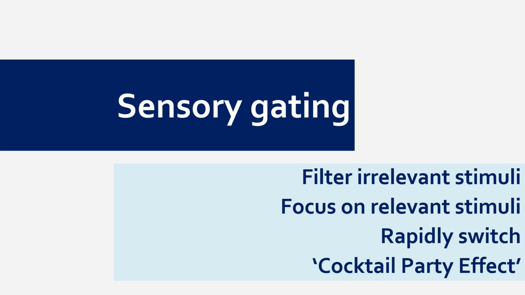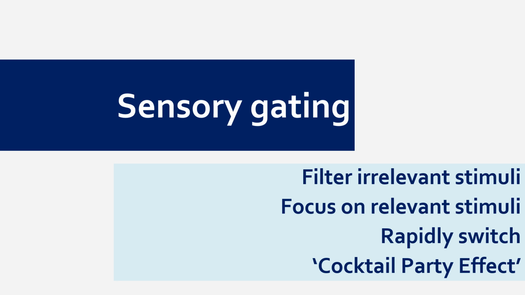And when some relevant, some salient information came up in one of those conversations, you were able to rapidly switch and pay attention to it. This is called sensory gating, and the thalamus is really important for this. There are other regions of the brain that are important, but the thalamus plays a primary role.